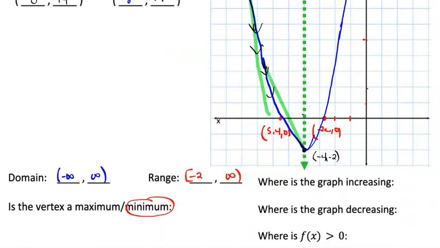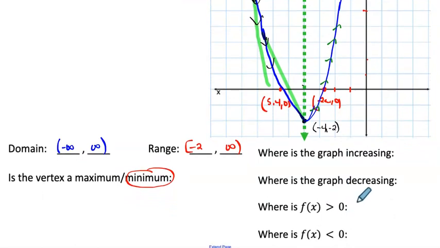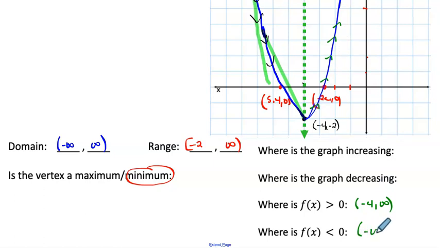On the flip side, once I pass this vertex, my y values start to go up, which means it's increasing. So from -4 to infinity, after the vertex, all the y values are going up. Sorry, I wrote that in the wrong spot. Increasing, decreasing.